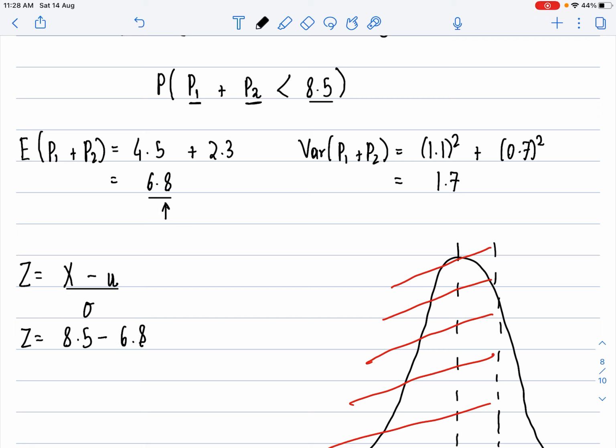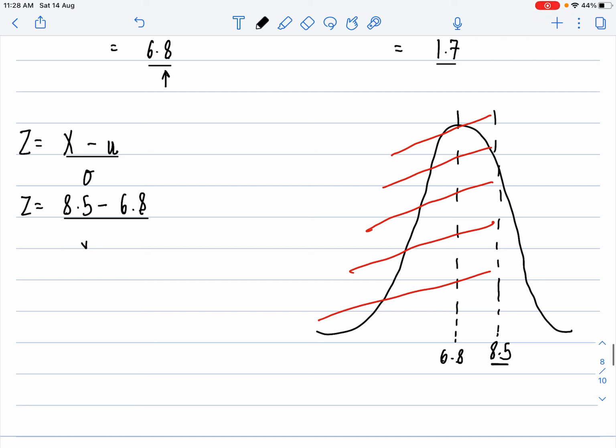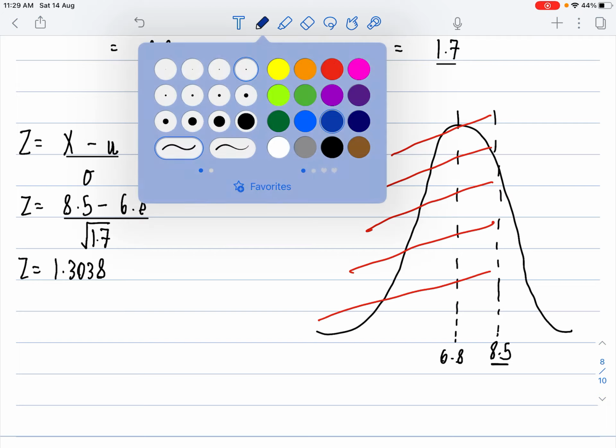So I write 6.8 divided by the standard deviation. You have the combined variance, so the standard deviation is the square root of the variance. Now when you solve this on the calculator, you get your z value as 1.3038.